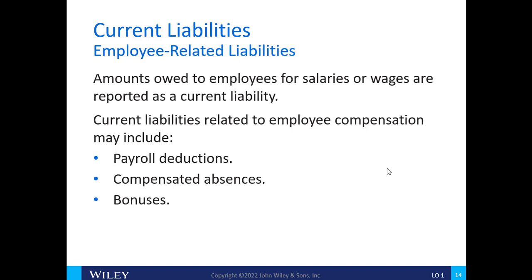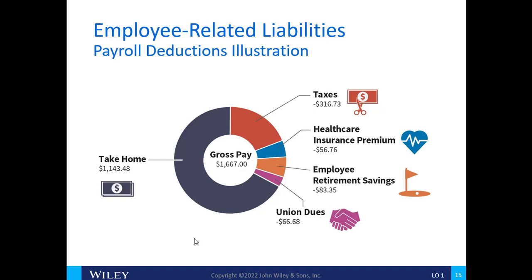So all that stuff is coming out of the transactions that result from the employee working. So let's go ahead and look at the gross pay for the employee, we can see is $1,667. We're not going to give them all of that because we're going to withhold taxes as we're required to do. And this is going to be a payable to the taxing authority.